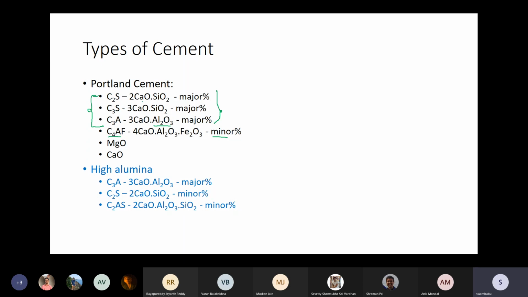Since the name itself says alumina, the predominant quantity is C3A, tricalcium aluminate, 3CaO.Al2O3. Depending upon the impurities, you will have small amounts of silicates, and of course hydrated lime, calcium hydroxide. Hydrated lime is predominantly calcium hydroxide.